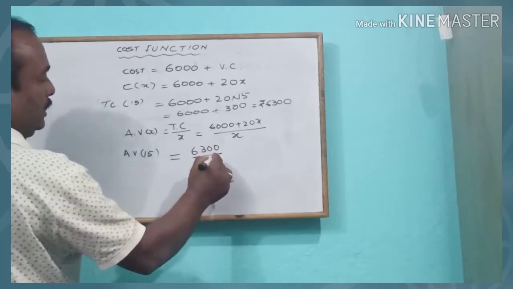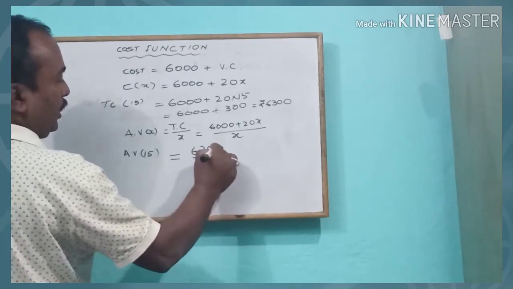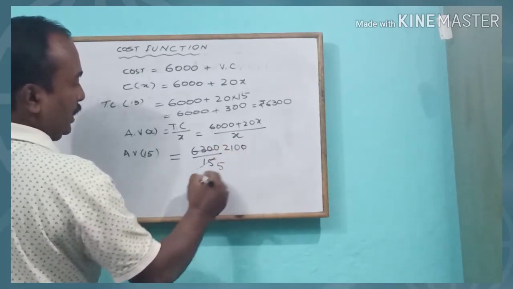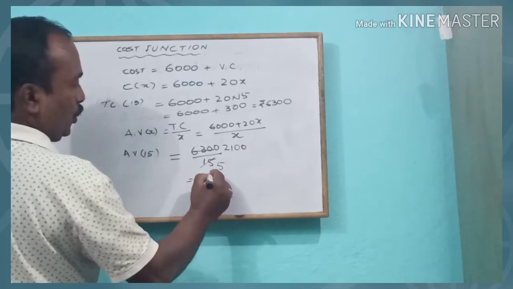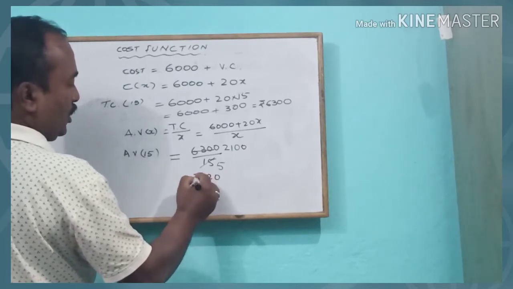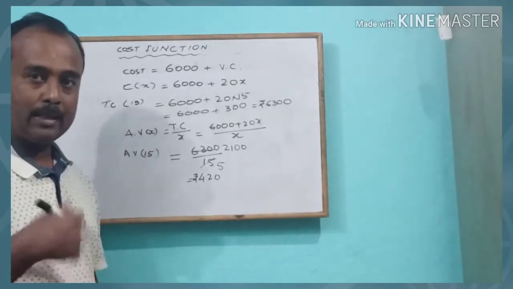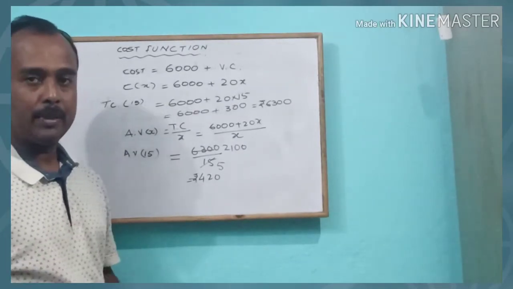That is 3 5s are 15, 3 2s are 6, 1 0, 0. That is 420. So average cost is rupees 420. I think you have understood. Let us see the next concept and the next example.